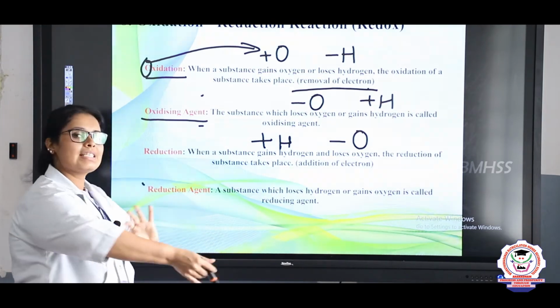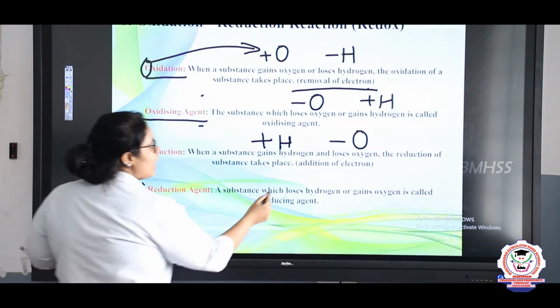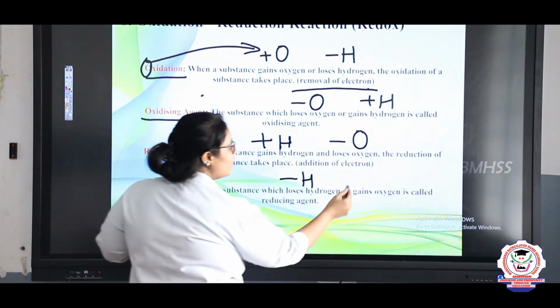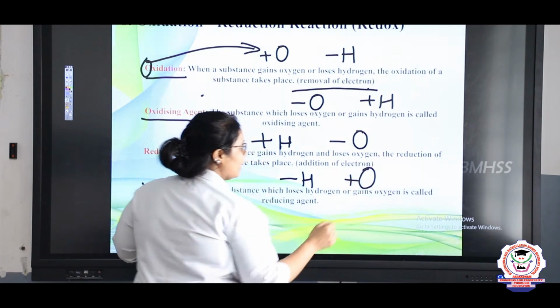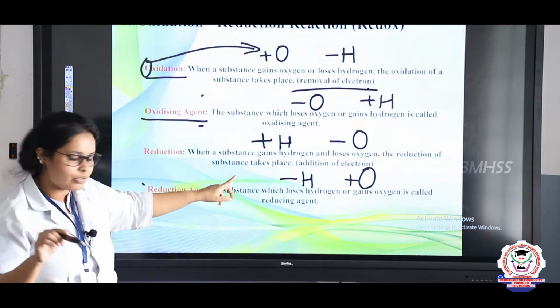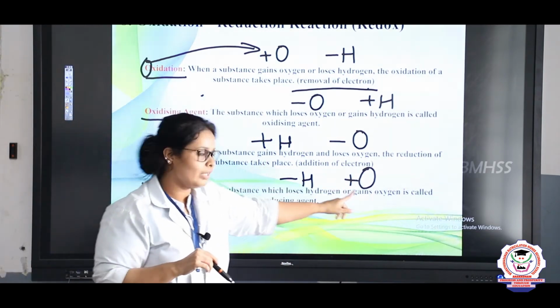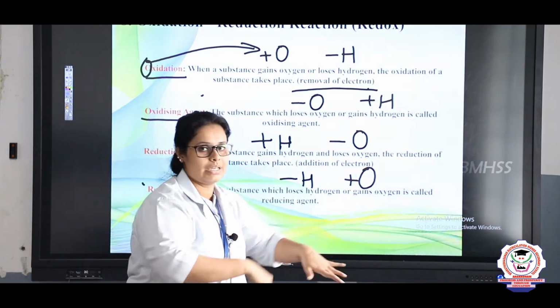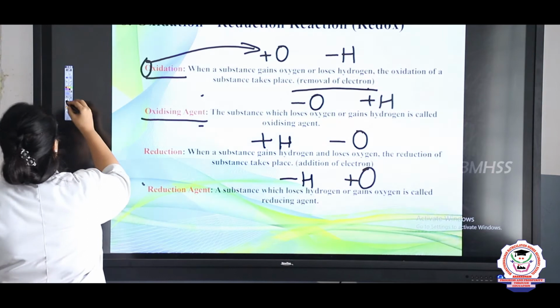Oxidizing agent, it is exactly opposite. Here minus H will be there because here it is plus H and here plus O will be there. So children, here H is the hydrogen, O is the oxygen, add means it is gaining, negative means it is losing. Understood this concept? Yeah, very good.